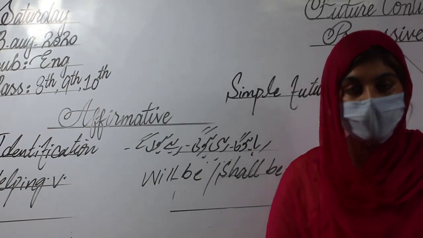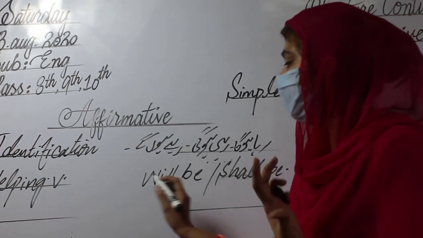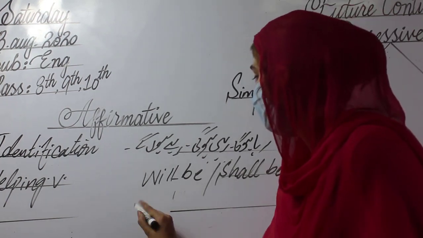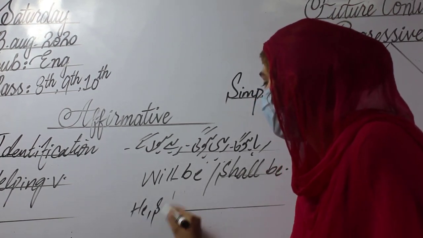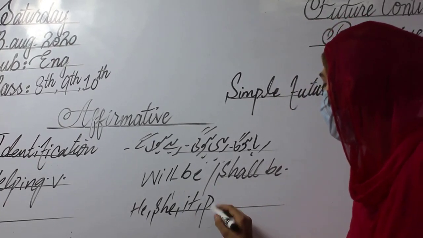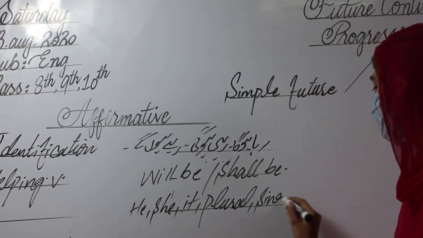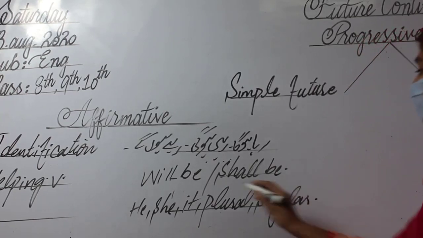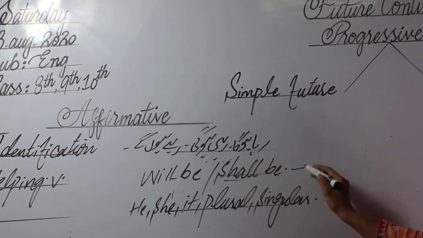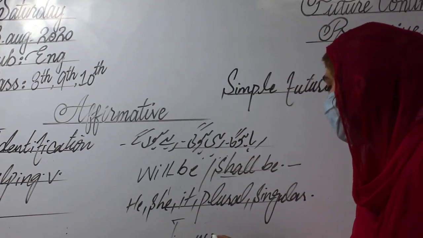But grammatically, we have to use will with the subjective words he, she, it, and the plural and the singular. And if we talk about shall, then we will use shall only with I and we.